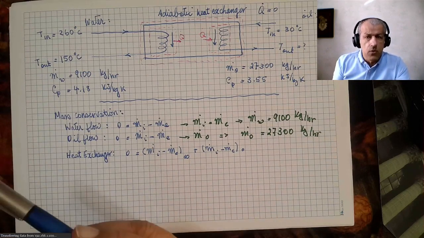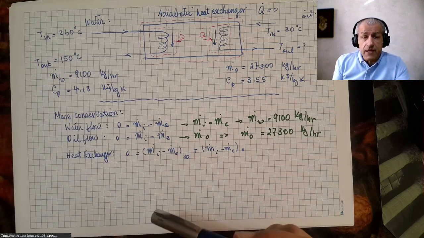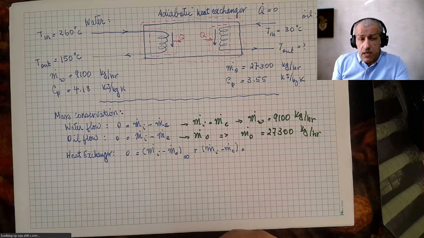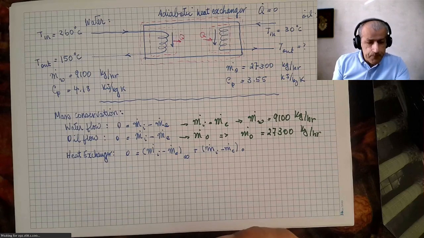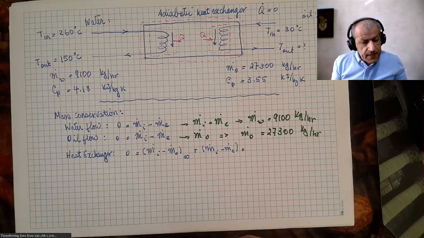There is no point in it. It would be beneficial if we do this for energy conservation because they would interact and exchange energy, but they don't exchange mass. So this is what we get for the mass conservation equation.